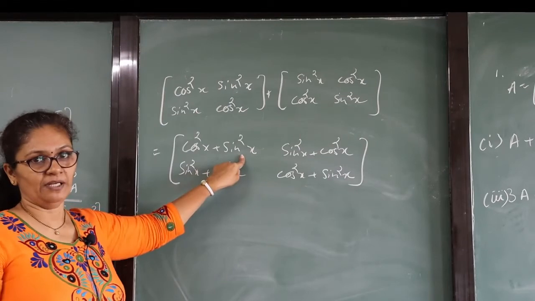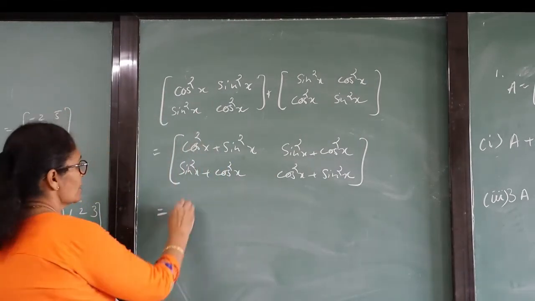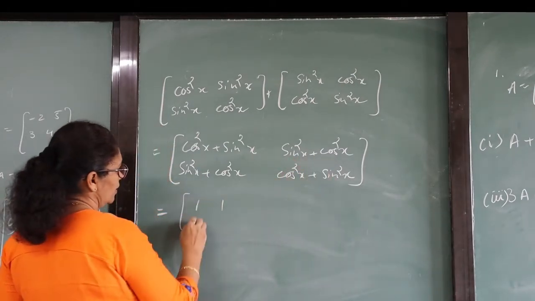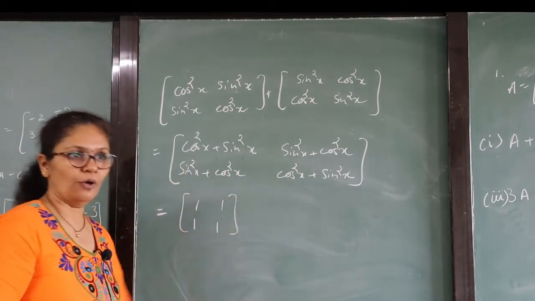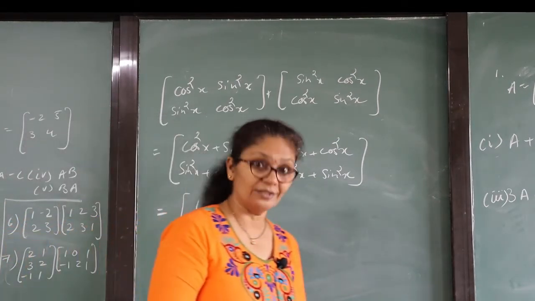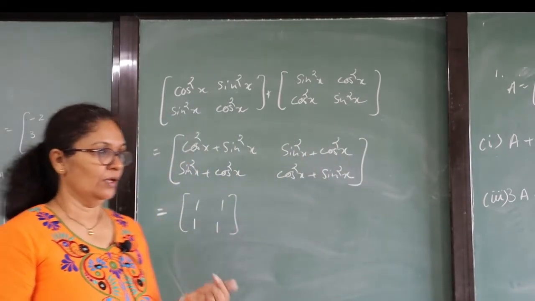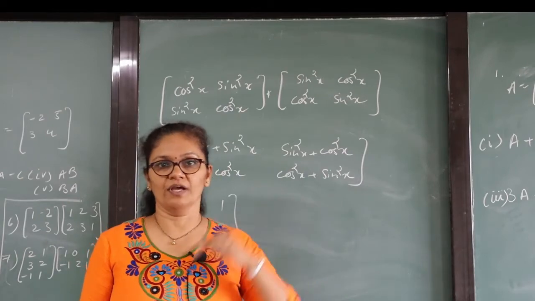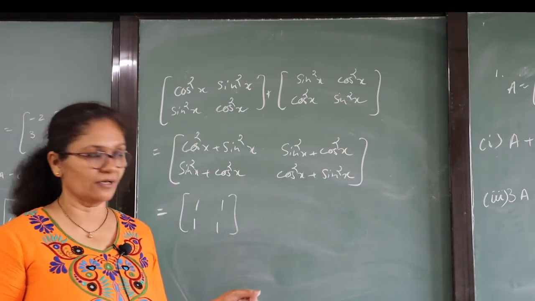We are already familiar with this identity that cos square plus sin square is 1. Similarly, sin square plus cos square is also 1. So what you get? We are using the identity of trigonometry, that sin square plus cos square is 1. You found one thing: we are using trigonometry, numbers, square matrices and rectangular matrices also.